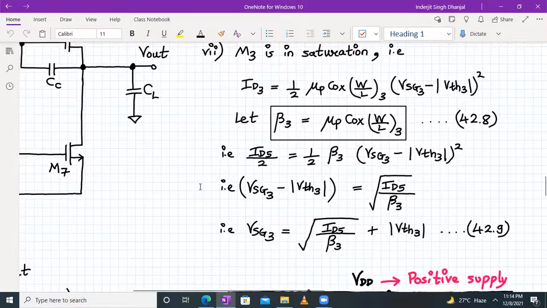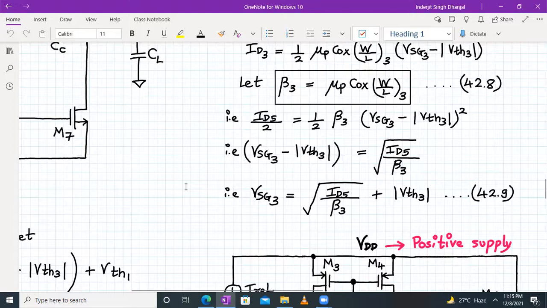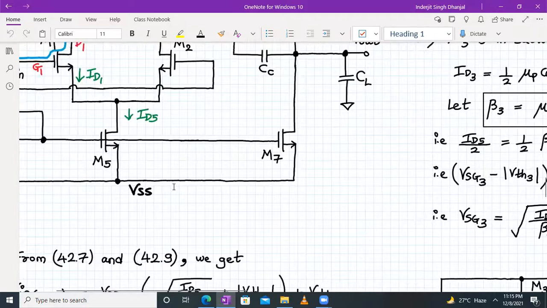So VSG3 minus mod of VTH3 is equal to the square root of ID5 divided by beta 3. Therefore VSG3 will be equal to the square root of ID5 divided by beta 3 plus mod of VTH3. Okay, so we got the value of VSG3.